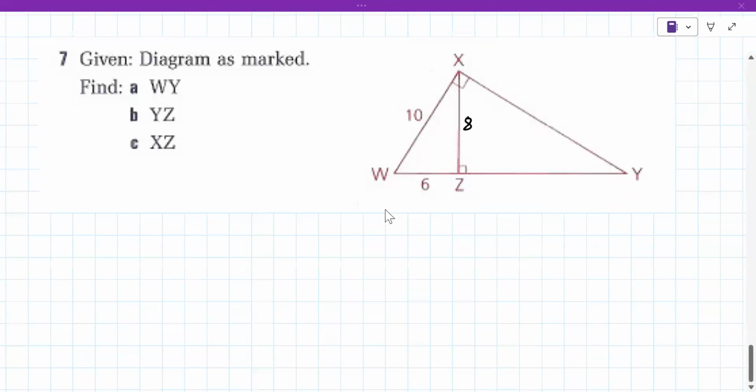You have to set up, for example, let's say you wanted to find it right here. You have to ask yourself, what is X? X is the long leg of the medium triangle, but it also gives you the hypotenuse of the largest triangle.